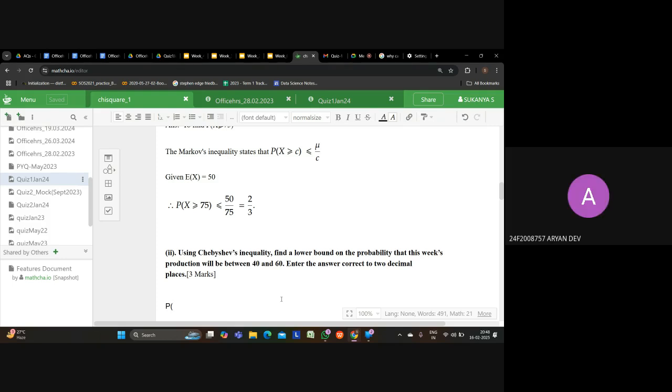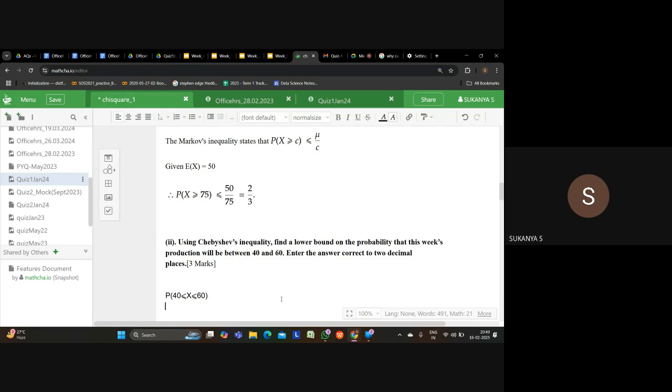Yes. 40 less than x less than or equal to 60. Now, what is the first step to find the Chebyshev inequality? What is the Chebyshev inequality?